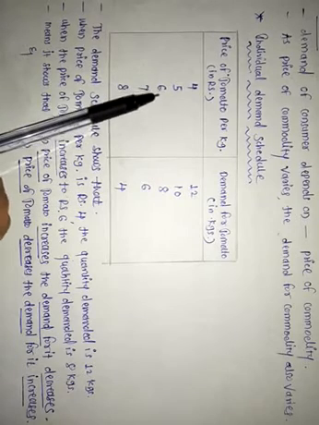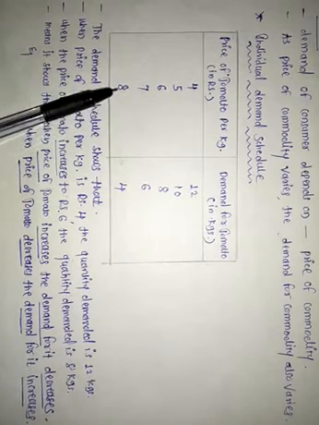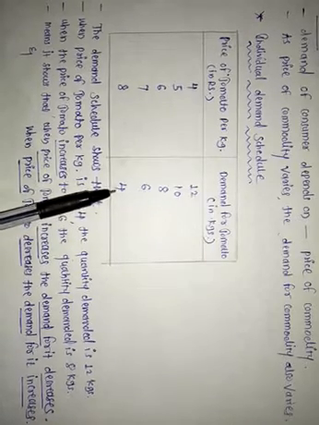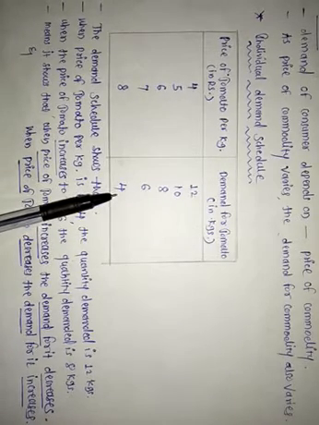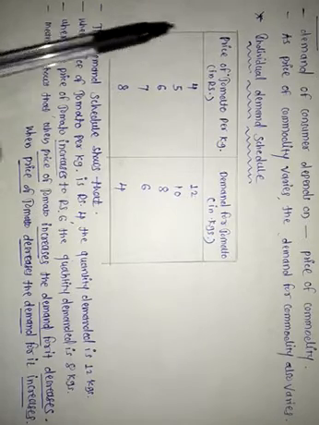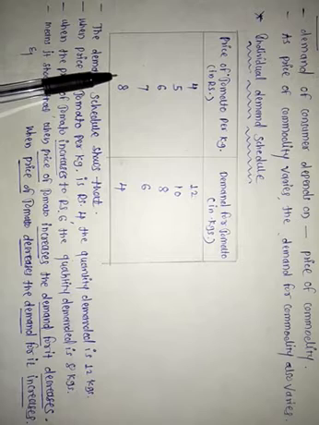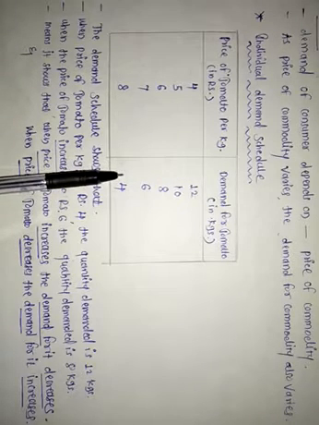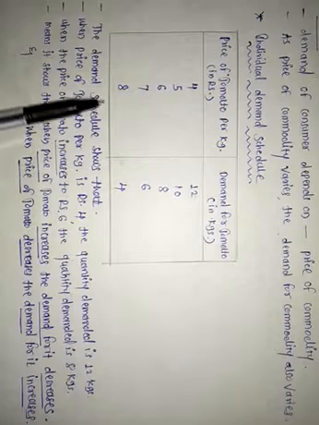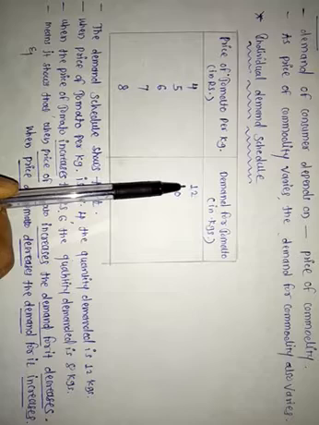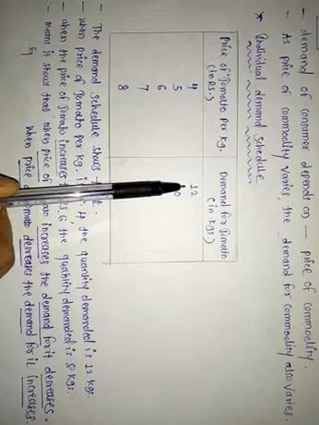Likewise, if the price increases to rupees 8, the quantity demanded is only 4 kilograms. It shows that when the price of tomato increases, the demand for tomato decreases, and when the price of tomato decreases, then demand for tomato increases.